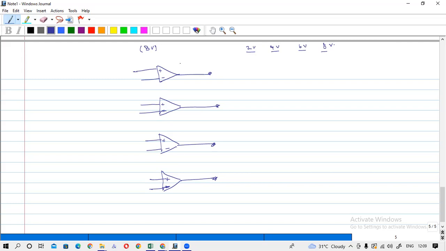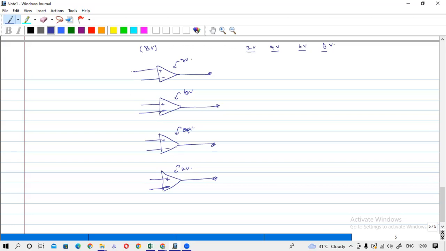Let's say we compare the 8 volt using this comparator, the 6 volt using this comparator, the 4 volt using this comparator, and the 2 volt using this comparator.